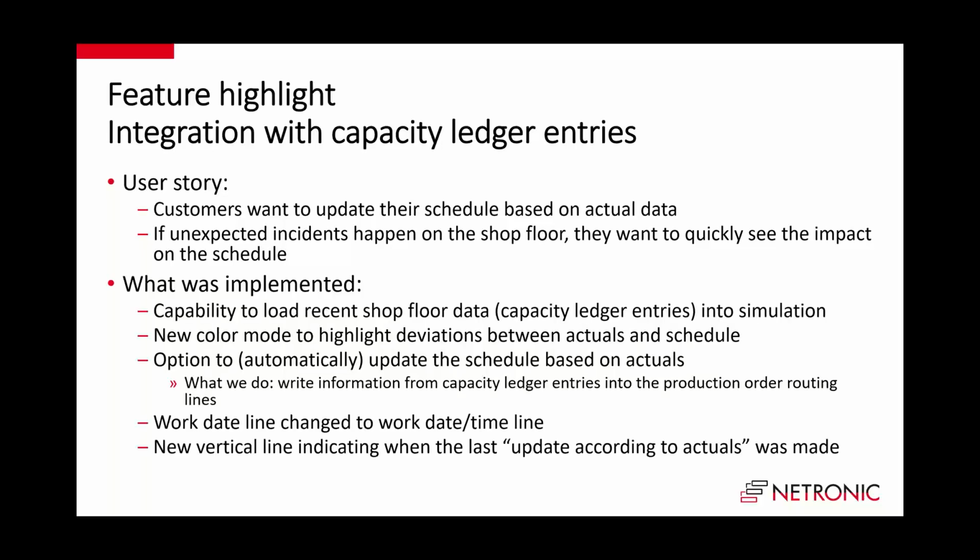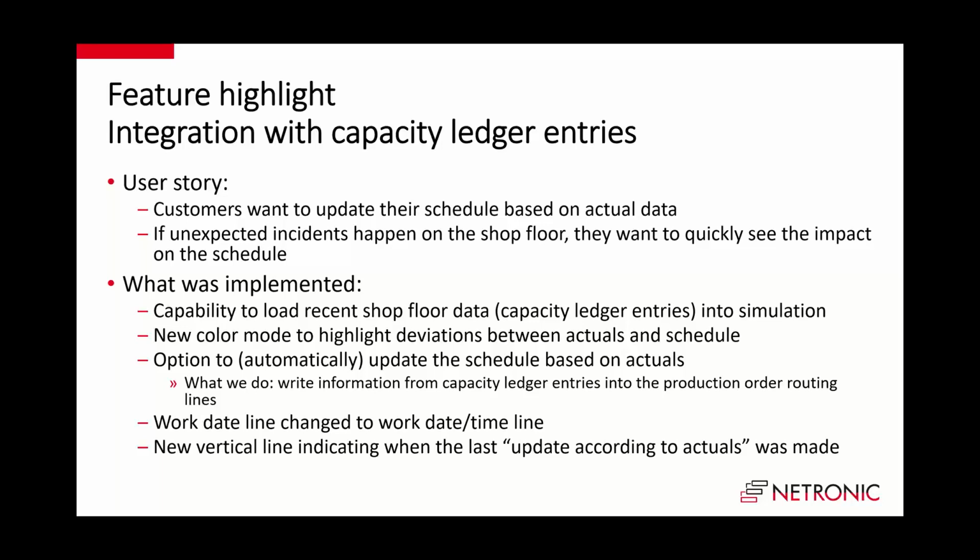And so we implemented a capability to load recent shop floor data, so to load recent capacity ledger entries into a simulation. We then have a new color mode or a color scheme where we highlight deviations between actuals and schedules. So you can see, okay, this is my schedule, and here in my schedule, there is a visual alert, where actuals are different than what I planned.